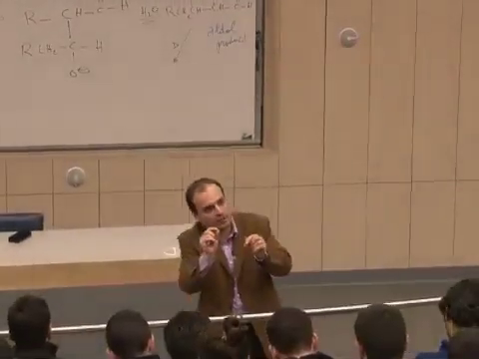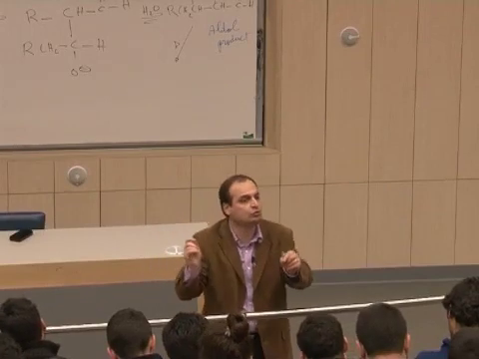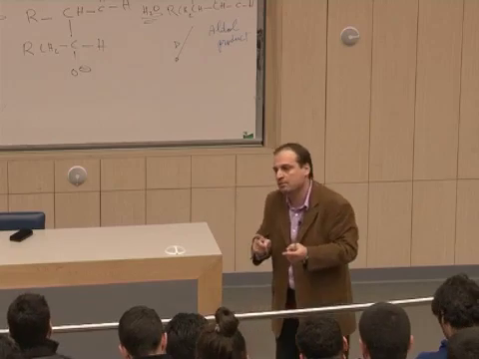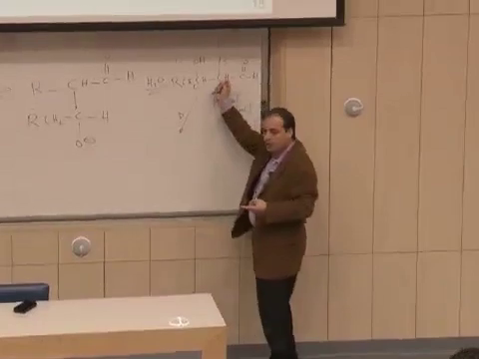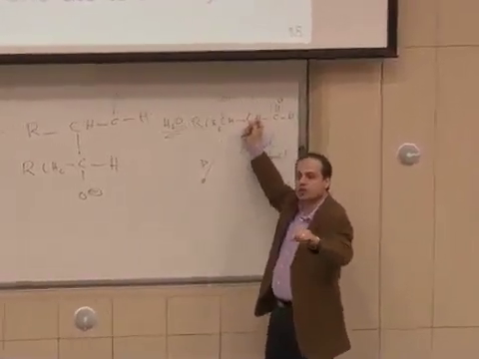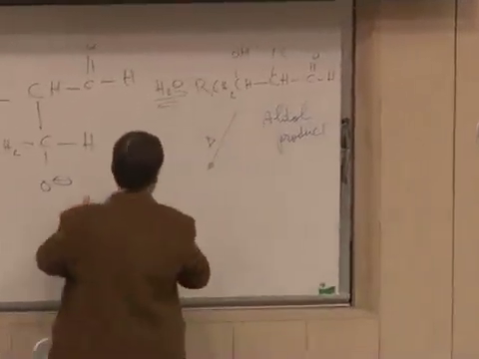So now our alpha carbon is the carbon that is attached to OH. How many different beta hydrogens to the OH do you have? Two. Which one do you think you are going to eliminate? You are going to eliminate this hydrogen so that the C double bond C is in conjugation with the C double bond O.